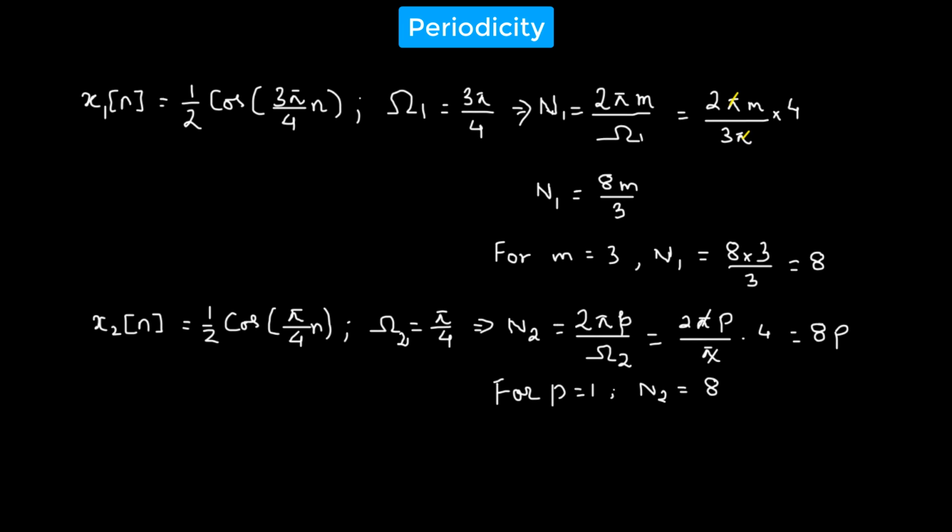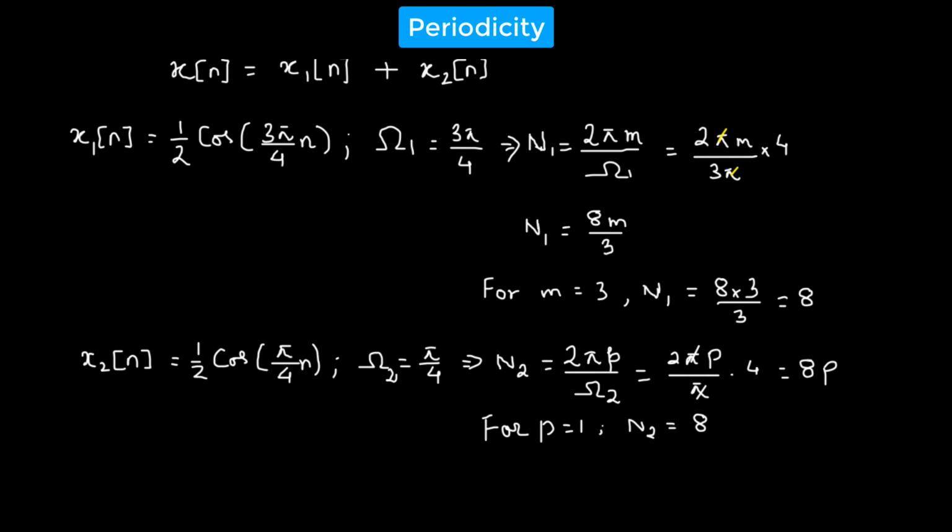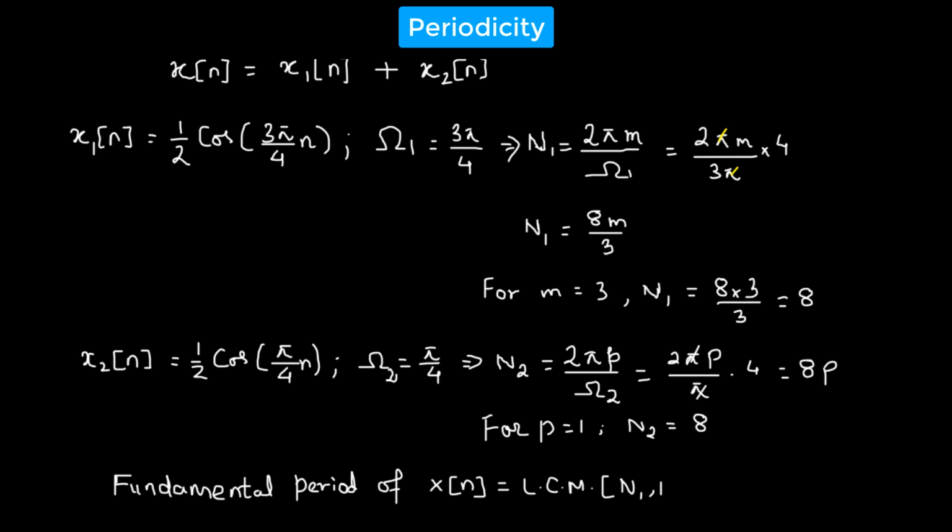Now that we have the period for each, the fundamental period of the original discrete time signal x of n will be simply equal to the LCM, the lowest common multiple, of n1 and n2, which is the LCM of n1, which is 8, and n2, which is also 8.